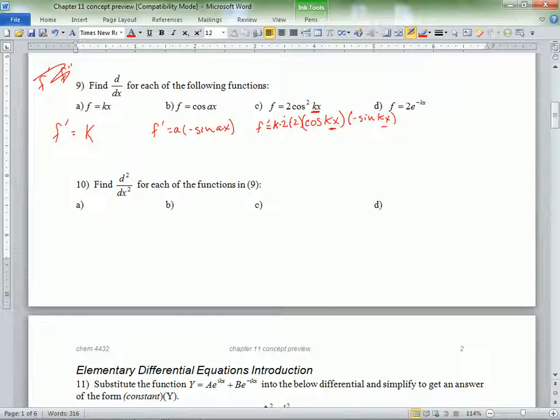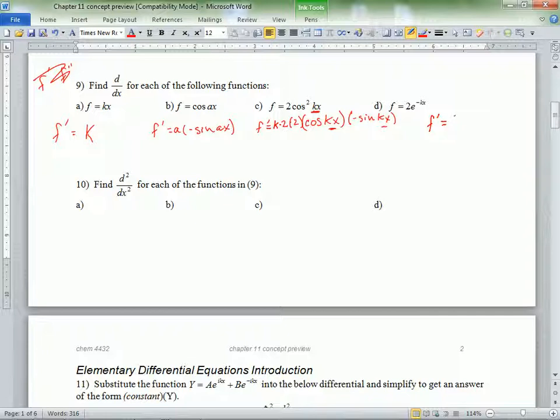Okay. How about this one? Okay, so it'll be 2 times e to the negative kx times negative k. All right, you remembered something, right? The derivative of e to the power of anything is just the same thing, right?